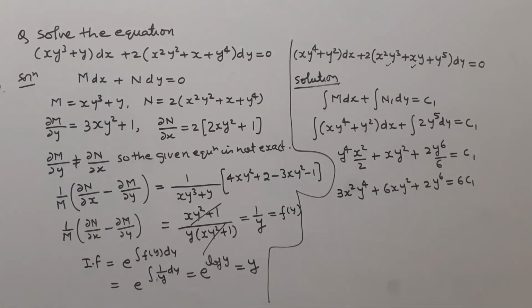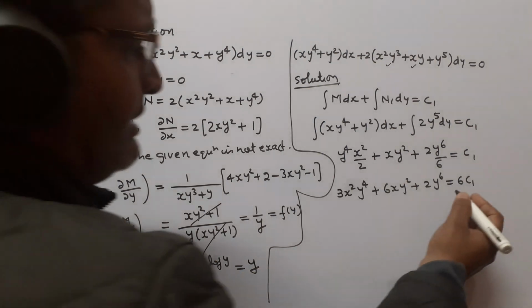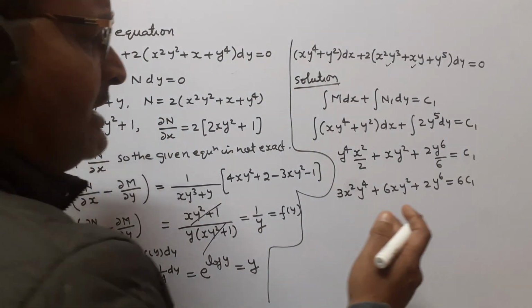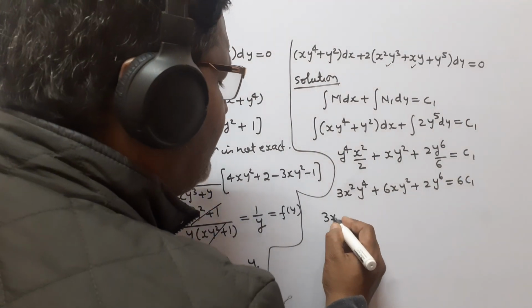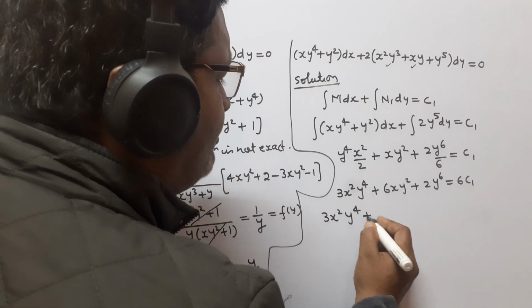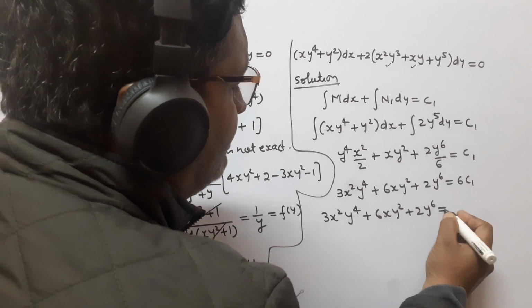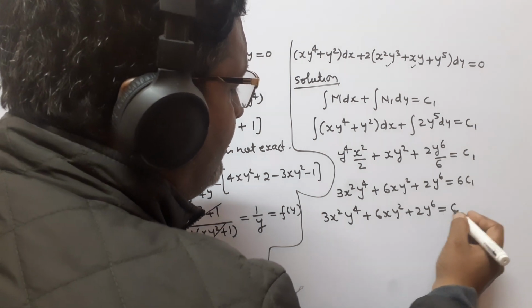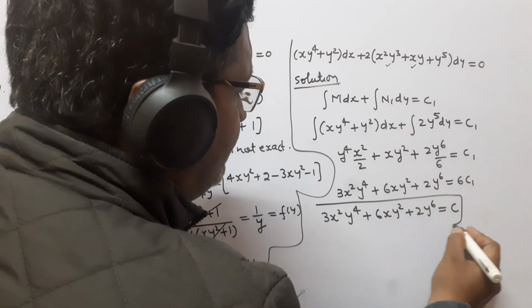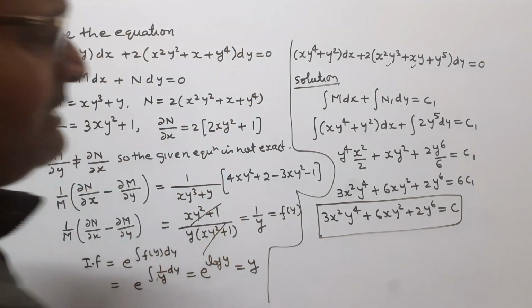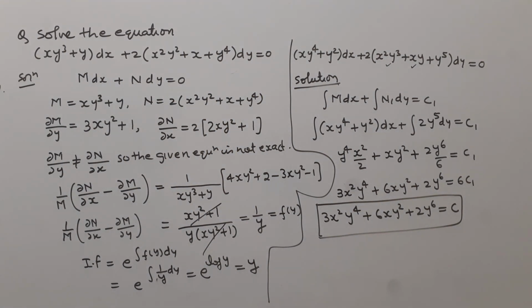We know that c1 is constant, 6 is also constant, so the product of 6 and c1 is also constant. So in place of 6c1 we can take c. So this can be written as 3x^2y^4 + 6xy^2 + 2y^6 = c. So this is the solution of the given differential equation.